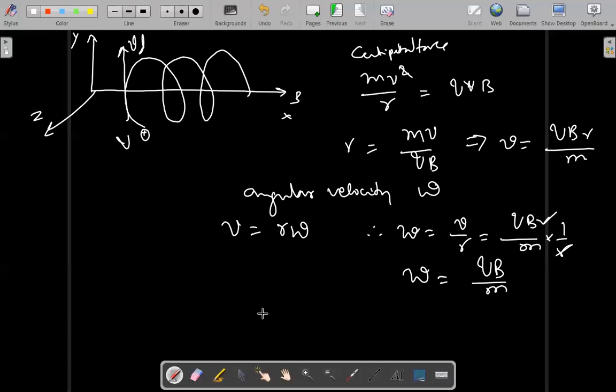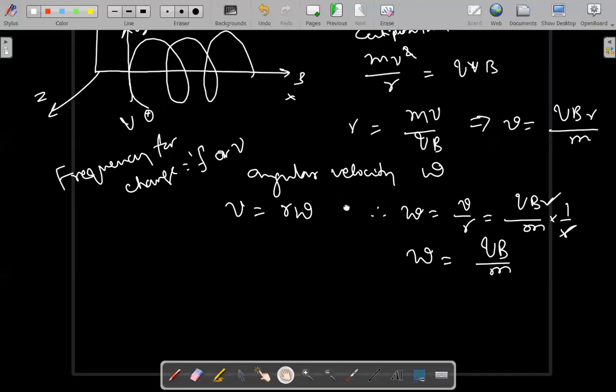If it is running at a frequency, suppose we know it's moving, then we can have a frequency for this particular charge. We can call it f or you can call it nu. Let me call it as f.